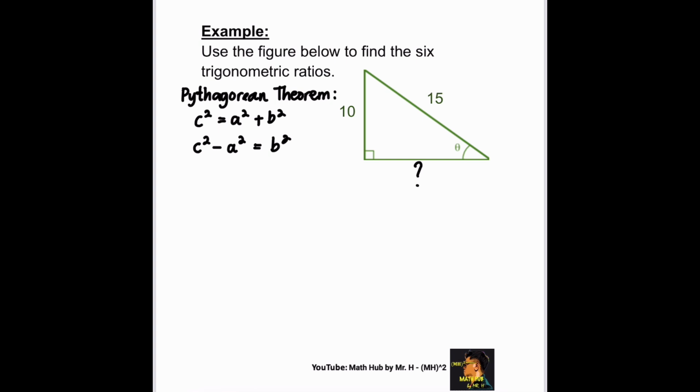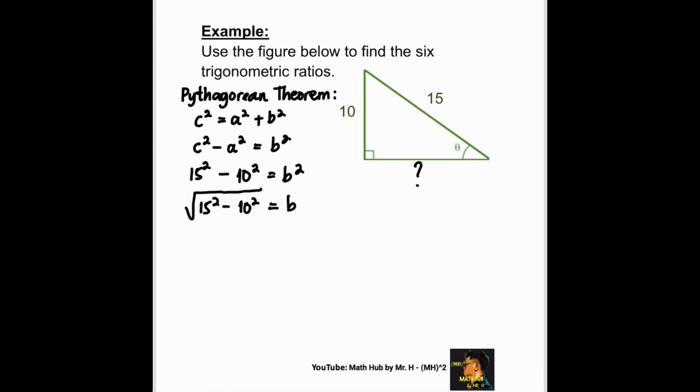Okay, so we just simply plug in the given measurement. So for c, it will be 15 squared minus 10 squared equals b squared. All right, and then we simplify. So it's going to be the square root of 15 squared minus 10 squared is equal to b.